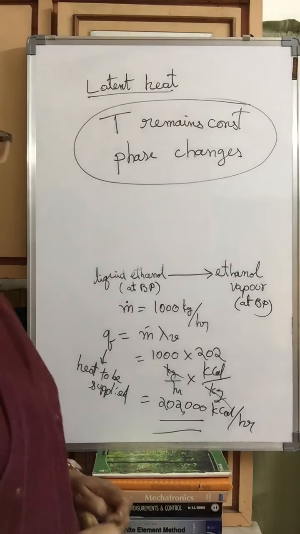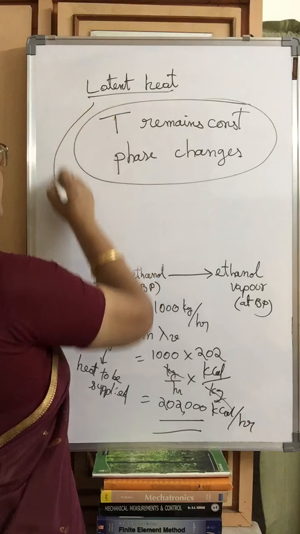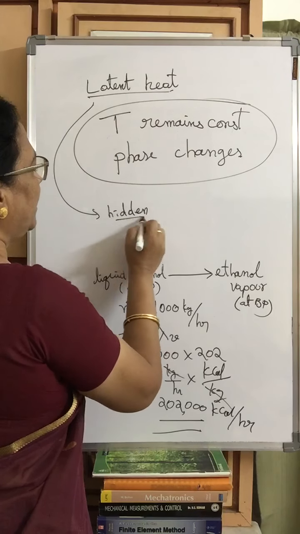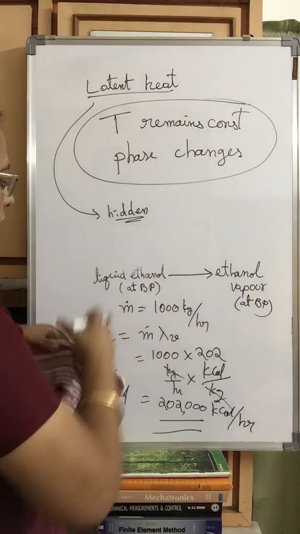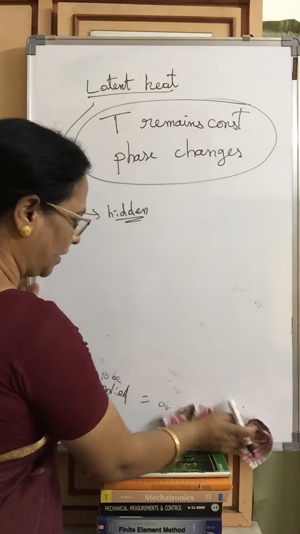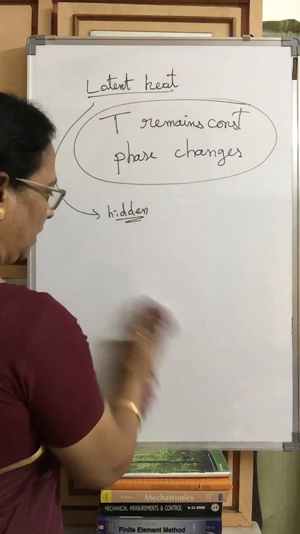That is latent heat. Actually, the meaning of latent heat is hidden heat, the hidden amount of heat. Why we are using the term hidden, we will see with a small illustration.